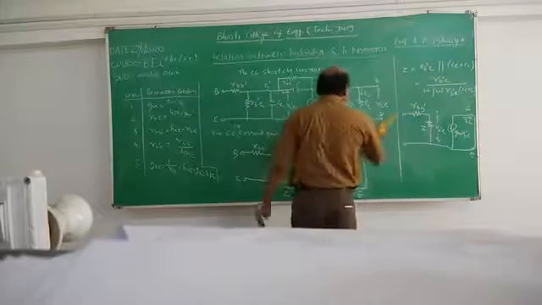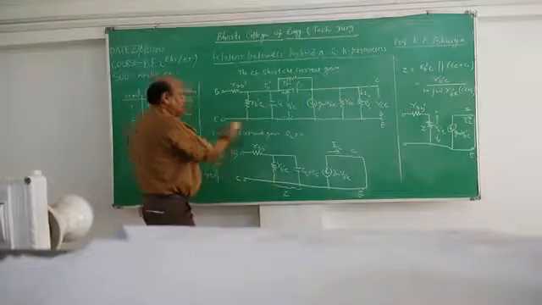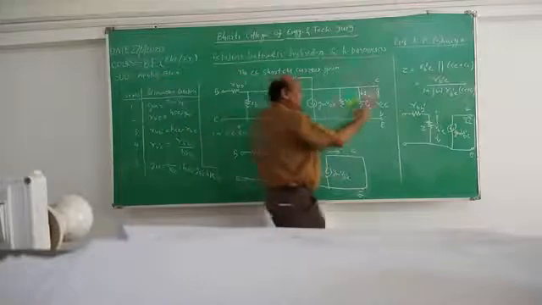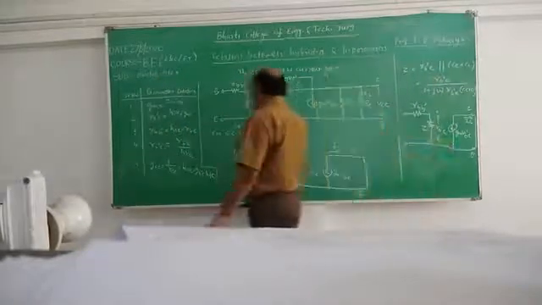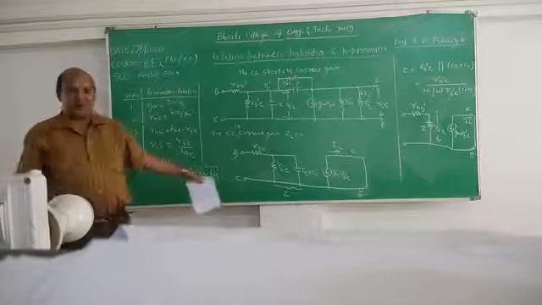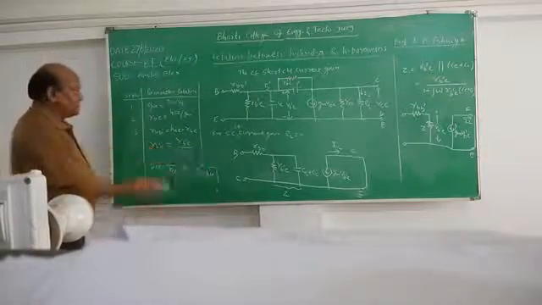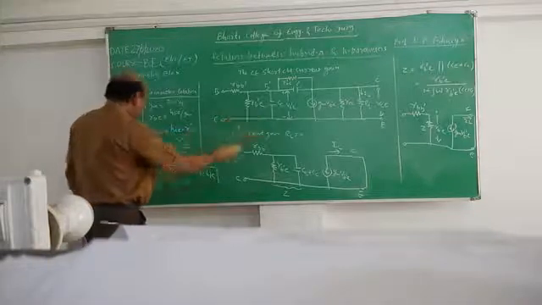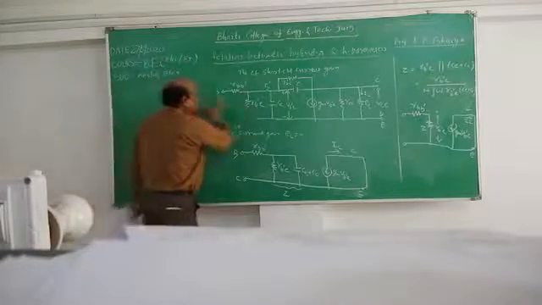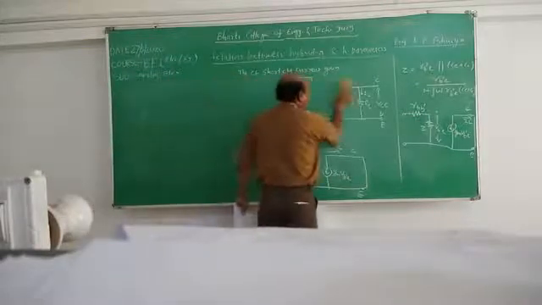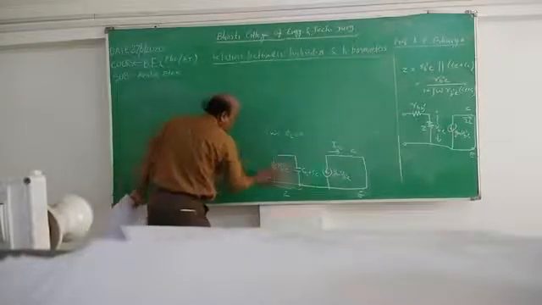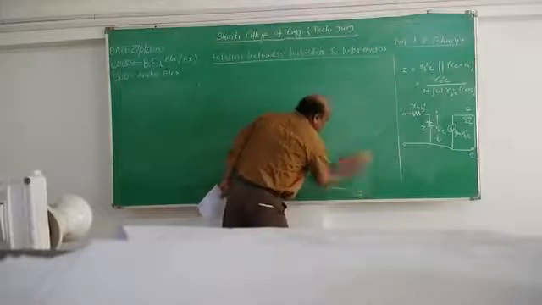Once you have these diagrams, the actual diagram, the equivalent diagram, and the equivalent diagram after parallel combination, along with the relation between the H parameters and the hybrid pi model, I will remove all these three and we will go for the derivations from the simplified diagram, this third diagram.